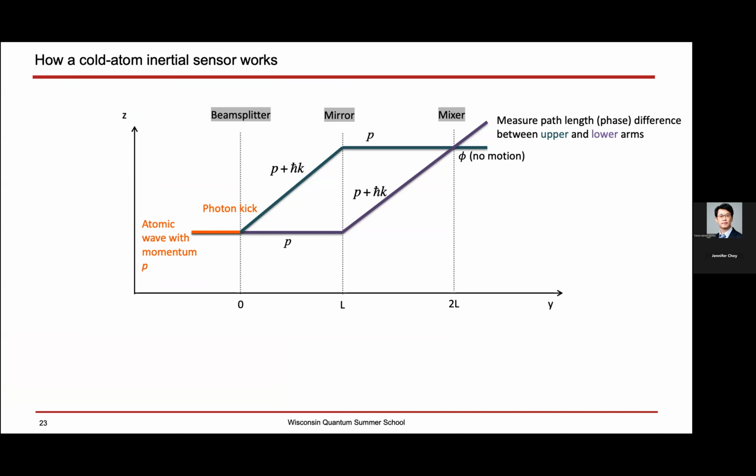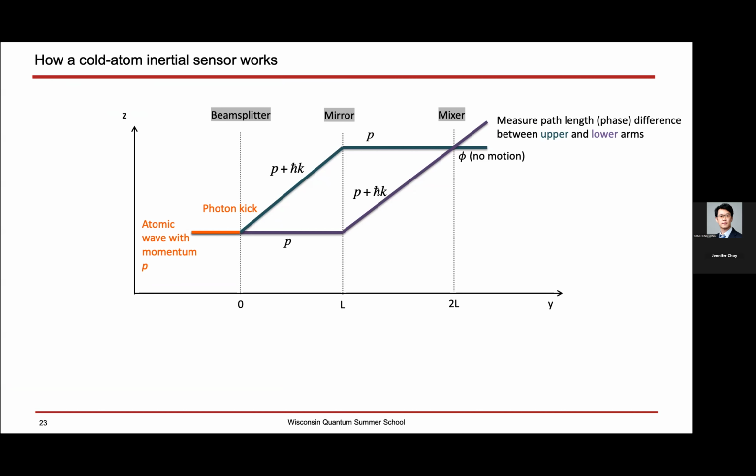So you're giving it an initial momentum kick. So the atom is behaving as both a particle and a wave. You can think of it as equivalent to a light beam, a light wave, that you're sending down a path.